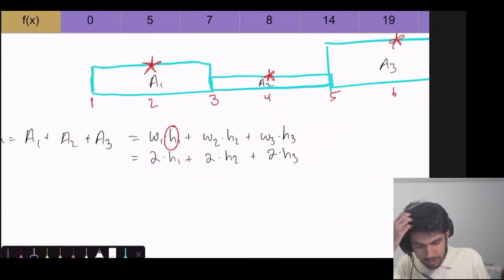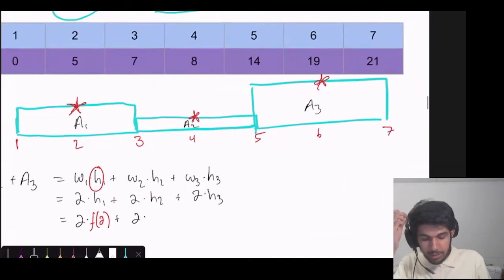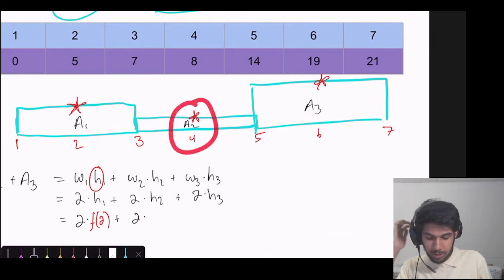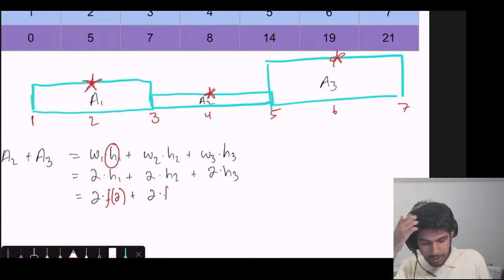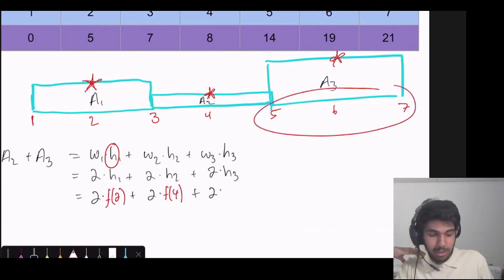So this is going to equal 2 times f of 2 plus 2 times, well, now we need f of the midpoint of the second rectangle, which will occur at 4. So this will be f of 4 plus 2 times, we need the midpoint of this third rectangle, which will be at 6, f of 6.